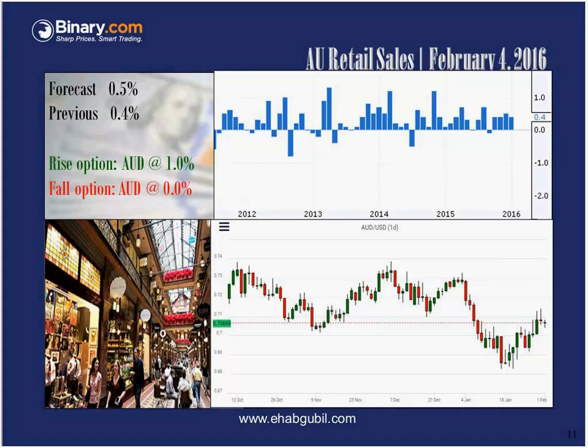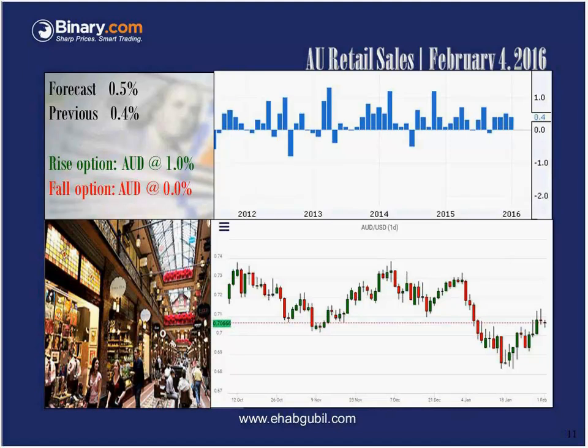After a long run of downward trend, the Australian dollar now starts to recover, but we don't know for how long this recovery will last. So news like Australia retail sales will help us find the direction for the Australian dollar in the short term.